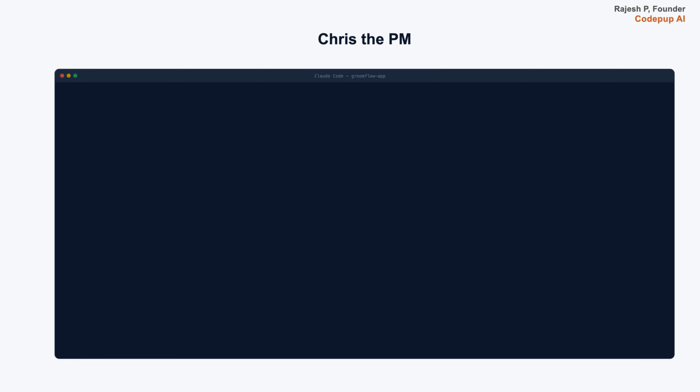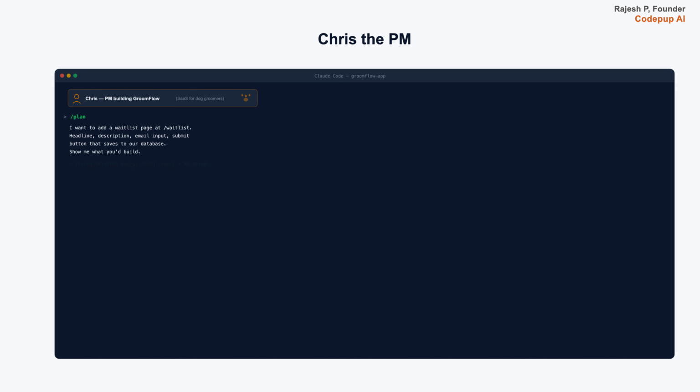Let's see this in action. Chris is a PM building a SaaS product for dog groomers. He wants to add a waitlist page with an email sign-up form. He opens Claude Code and types /plan. Then, I want to add a waitlist page at /waitlist. It should have a headline, a short description, an email input, and a submit button that saves to our database.